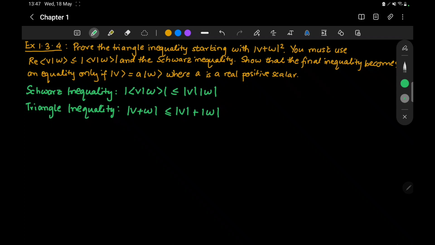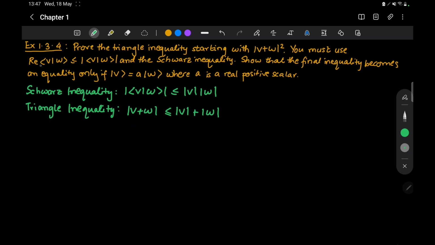So the steps that are provided, or the hints that are provided in this question, says that we must use the Schwarz inequality in order to prove the triangle inequality. Now we will prove the Schwarz inequality separately in another video. This video is focusing on the triangle inequality. Also, we see that we are supposed to use this identity.